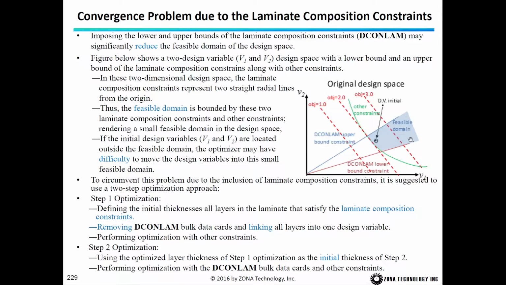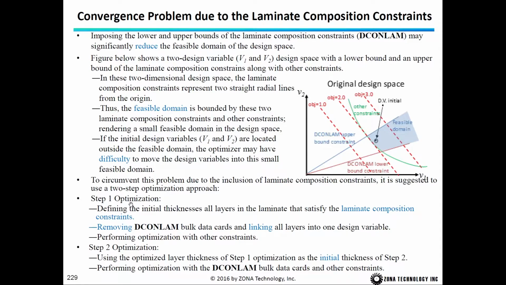If the initial design variables V1 and V2 are located outside the physical domain, the optimizer may have difficulty moving the design variables into the small physical domain. To circumvent this problem due to the inclusion of a laminate composition constraint, it is suggested to use a two-step optimization approach.